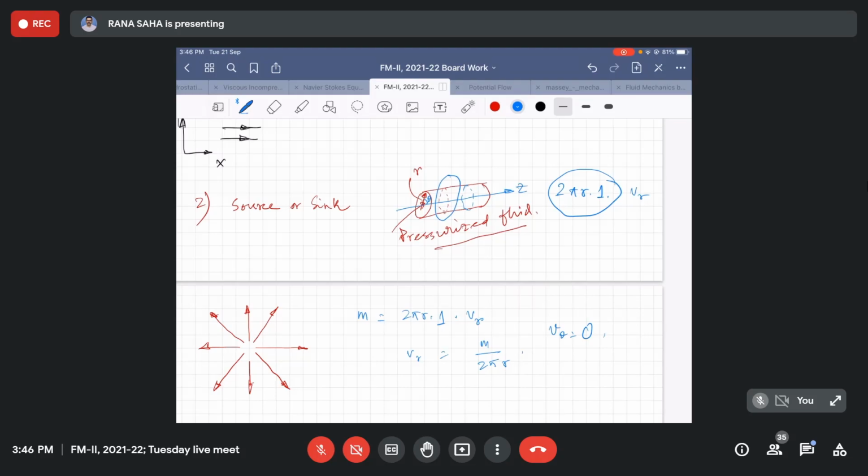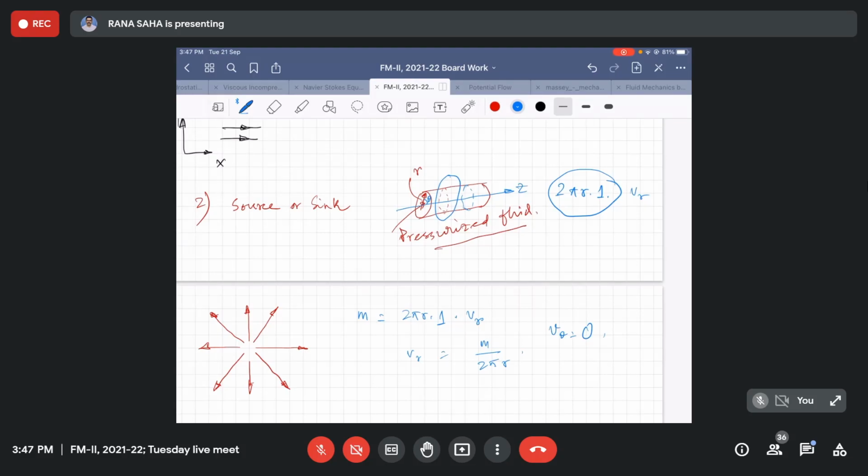One can have the coordinate transformation and it can be shown, so I think that you can check. And in terms of the tangential component, V theta equals del psi del R.